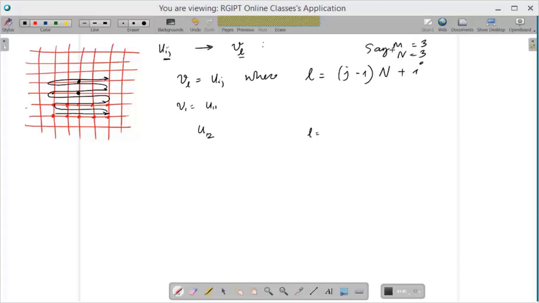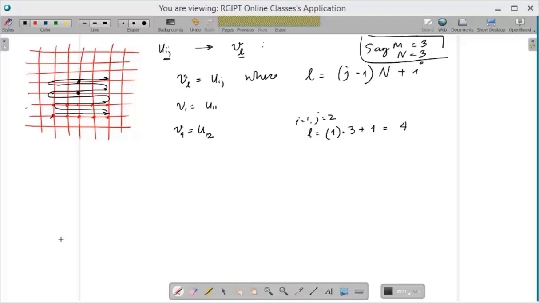For i equal to 1 and j equal to 2, L would be j minus 1, that is 2 minus 1, that is 1, times 3 plus 1. That is 4. Therefore U12 is the same as V4.